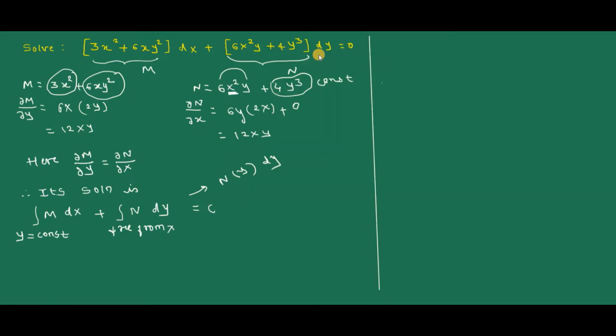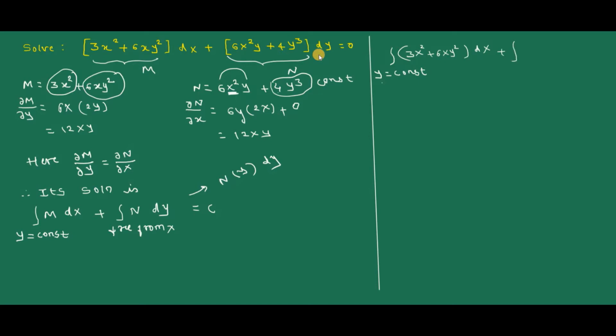So now this is equal to integration of, what is the M value? The M value is 3x² + 6xy², bracket complete, dx, y is equal to constant. You have to integrate with respect to x but treating y as constant.